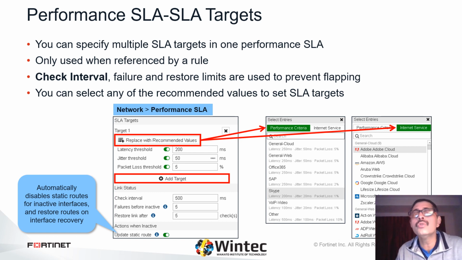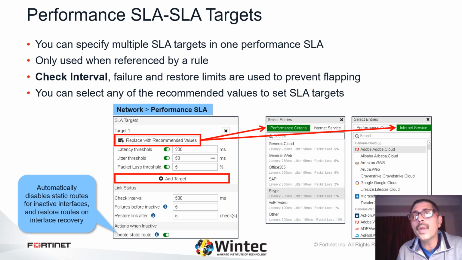You could make the rules for some applications lenient, but more strict for others. If, however, the applications are running on different servers, then you would want to create different performance SLAs for each application in order to have the health checks go against the specific application's server. And each performance SLA will require only one SLA target for that application.